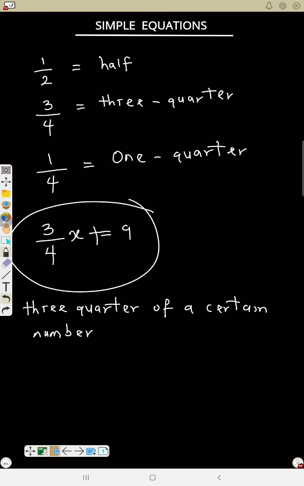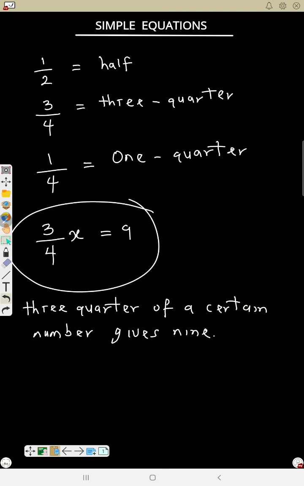Here, no addition, no subtraction, so it gives direct. 3/4 of a certain number gives, that is equal to, gives 9. So that is the meaning.